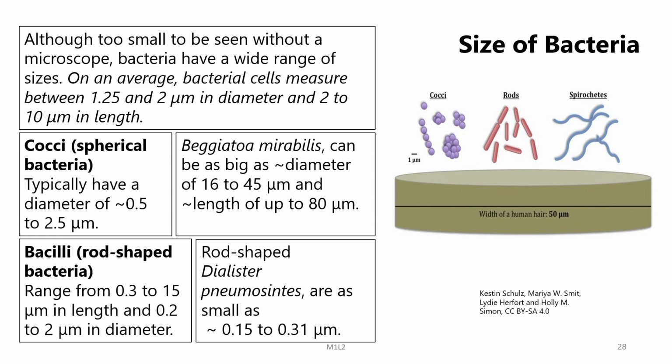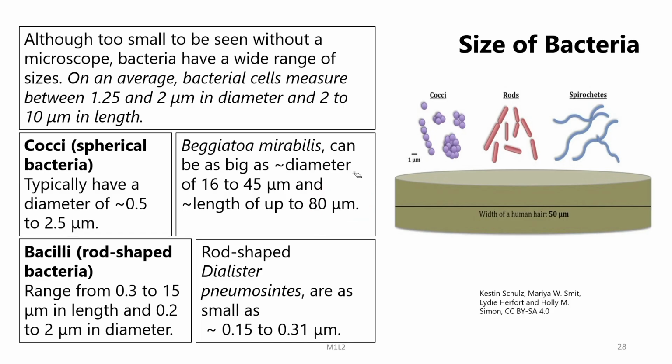For example, the cocci typically have a diameter of around 0.5 to 2.5 microns, and there is an organism, of course, Proteus mirabilis. This can be as large as 16 to 45 microns in diameter and length up to around 18 micrometers.